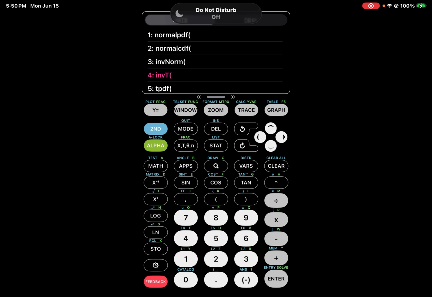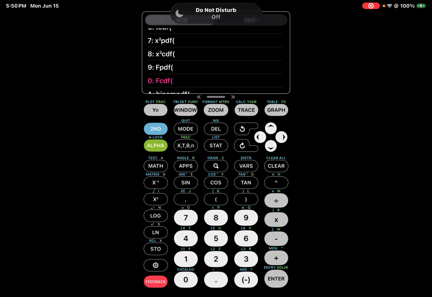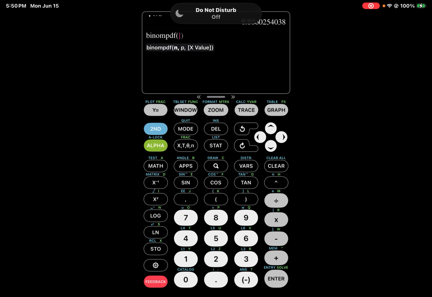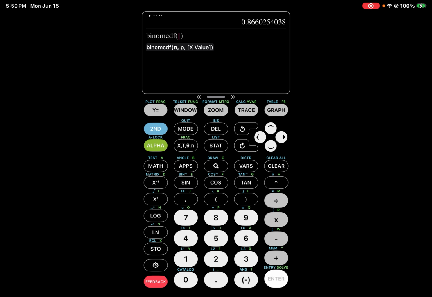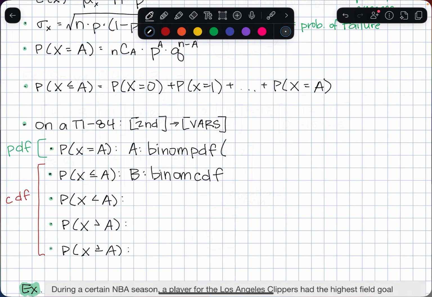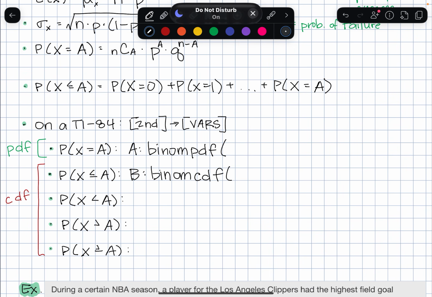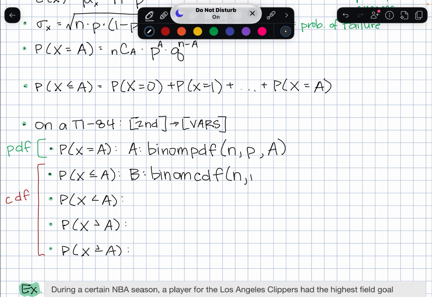So we'll go down to A. And I can see it's asking me for N, P, and X. If I go second vars and I look at Binomial CDF, it asks me for the same thing, N, P, and X. So here, N, P, and I'm looking for X equals A. I'm going to put whatever that A number is: N, P, A.